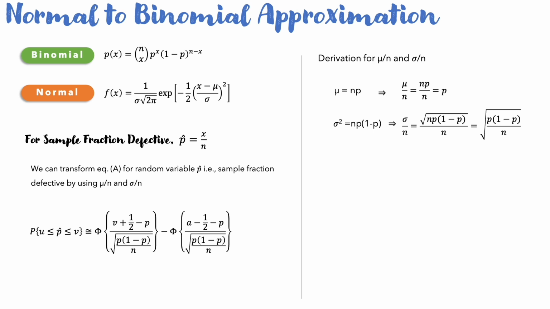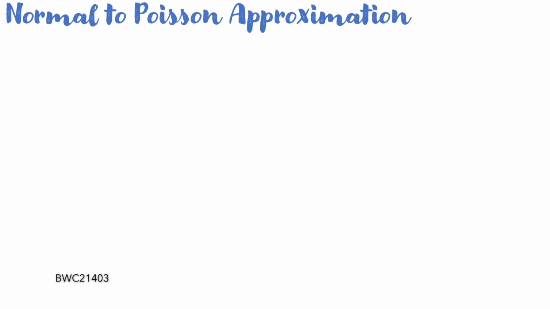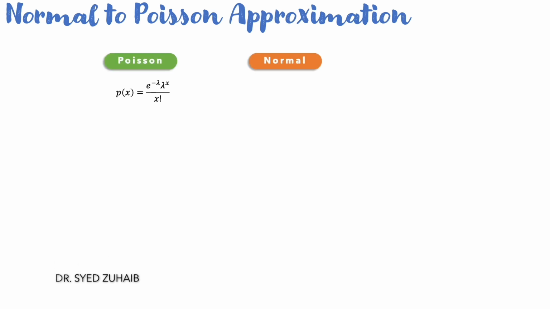Okay, so now let's move towards the next one, in which we can use the normal distribution. We can apply a normal probability distribution for estimating probability in Poisson distribution. Again, just revise these models for Poisson and normal probability distributions.